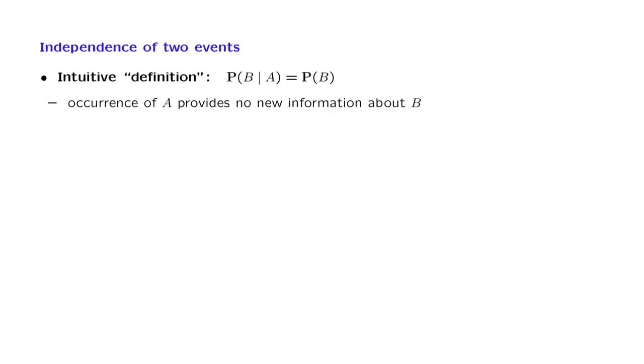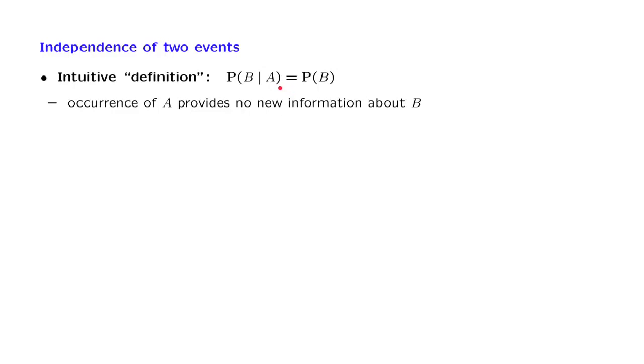We are then told that event A occurred, but suppose that this knowledge does not affect our beliefs about B, in the sense that the conditional probability remains the same as the original unconditional probability. Thus, the occurrence of A provides no new information about B. In such a case, we may say that event B is independent from event A.